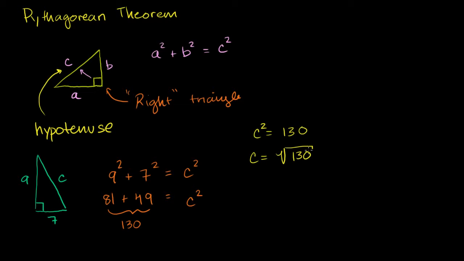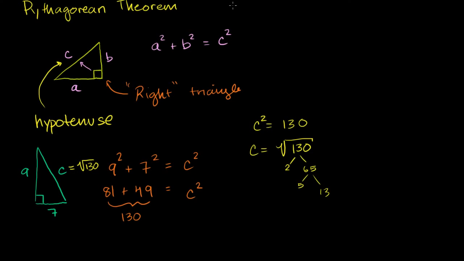And if we want to simplify this a little bit, we know how to simplify our radicals. 130 is 2 times 65, which is 5 times 13. Well, these are all prime numbers, so that's about as simple as I can get. C is equal to the square root of 130.